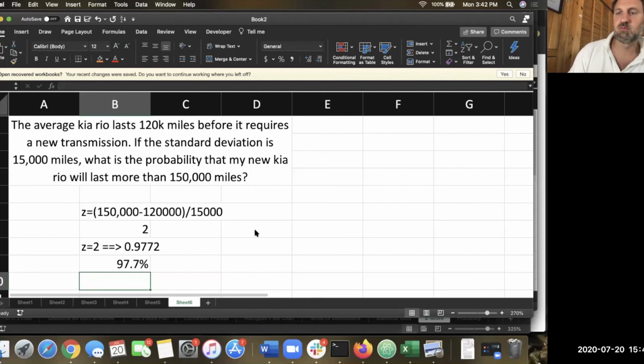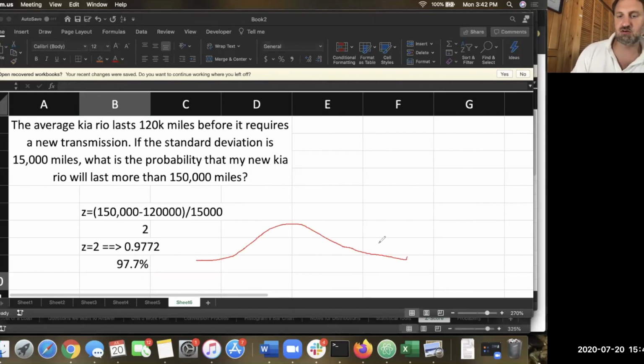So let me use the picture to try to help you think about that. Here's the curve. We're drawing a line that's up here, right? How do I know it's up there? Well, I know that 120,000 is in the middle. So I don't have to draw the whole thing out. I can just think about where the center is and where I'm drawing my line. My line is on 150,000.